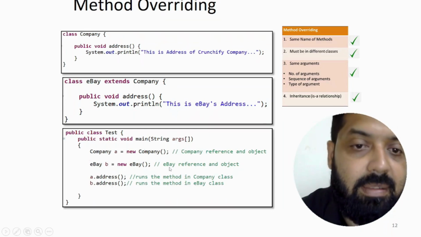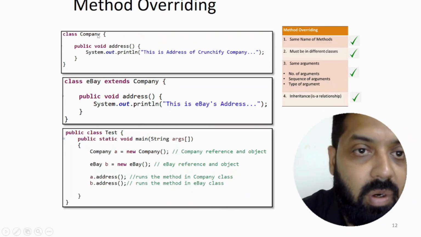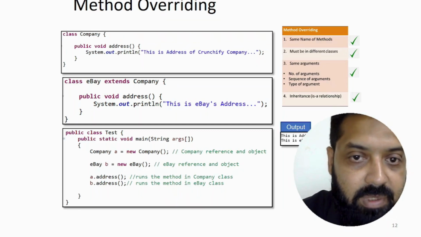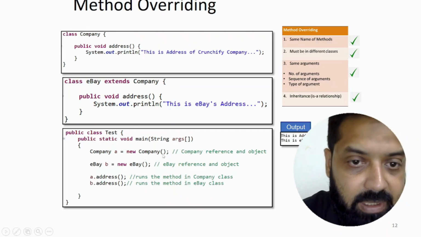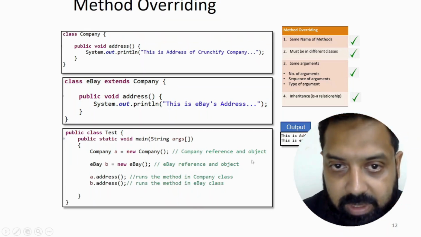But there may be cases in which you have the reference of Company and you have the object of the child class. This is the special case in which you achieve runtime polymorphism. So the output of this program depends on the class object. Whatever the object created for the class, its method gets executed.